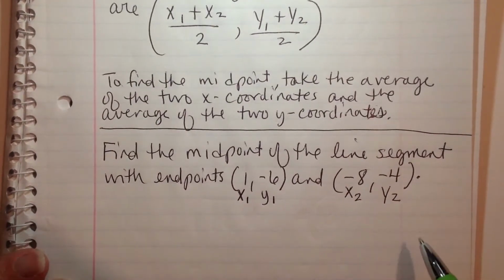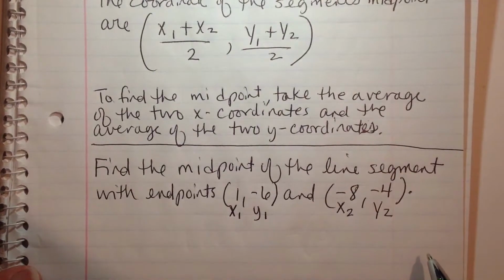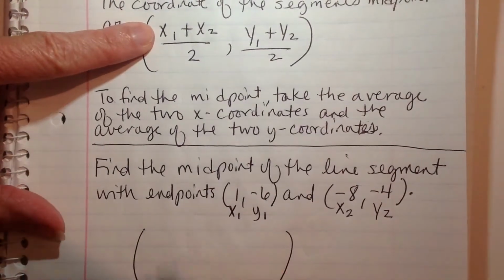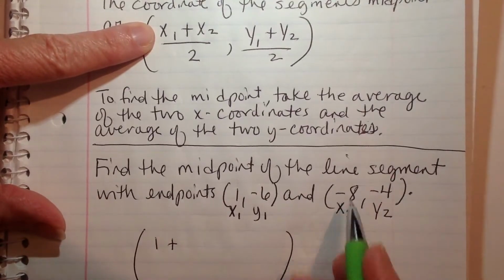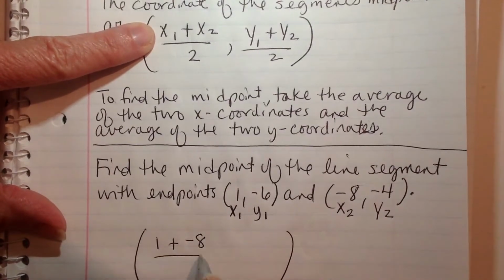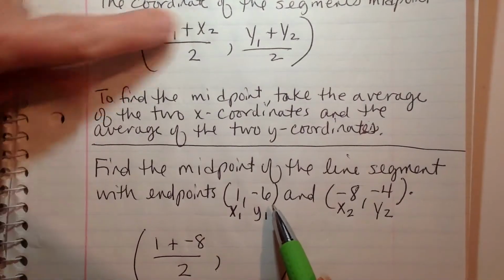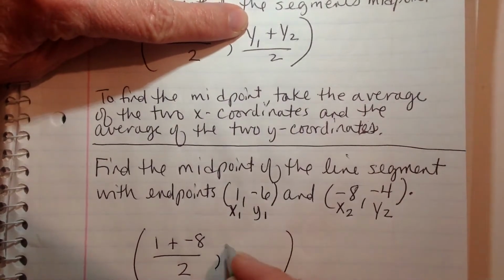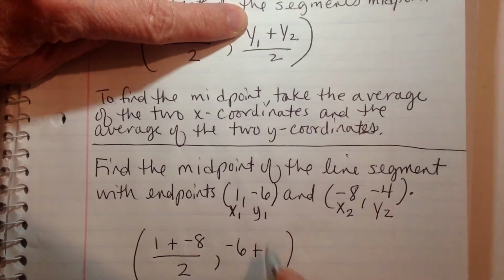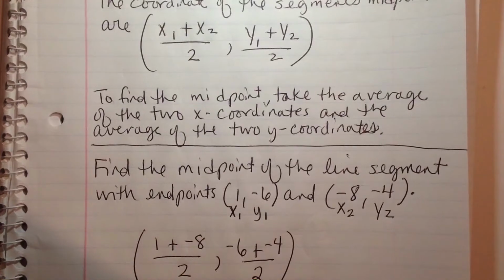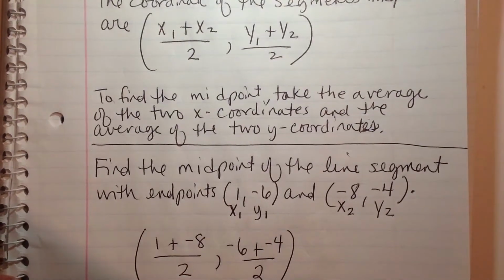So using that midpoint formula at the top of my screen, x sub 1 is 1 plus x sub 2 is negative 8 divided by 2, comma. Add your y's together. The formula says take y sub 1, negative 6, plus y sub 2's negative 4, and divide by 2. You will add what's in the numerator first.